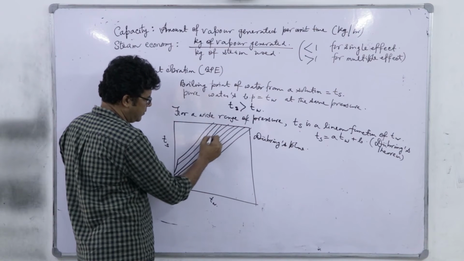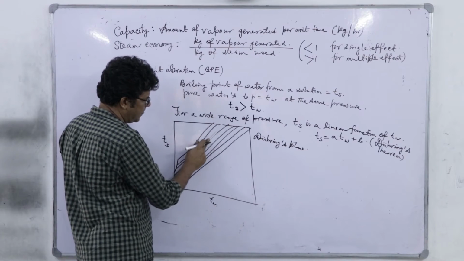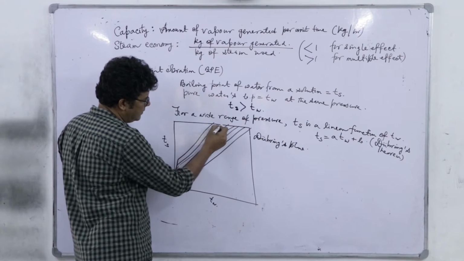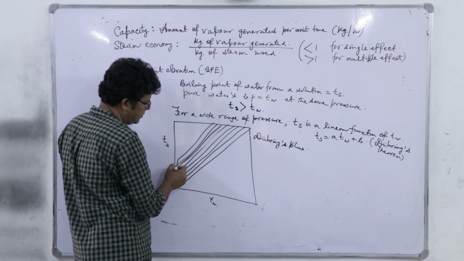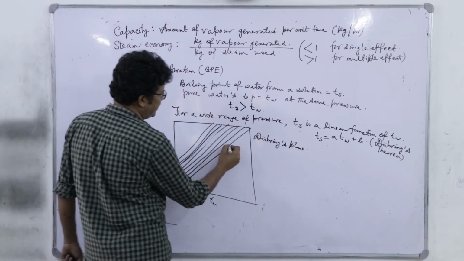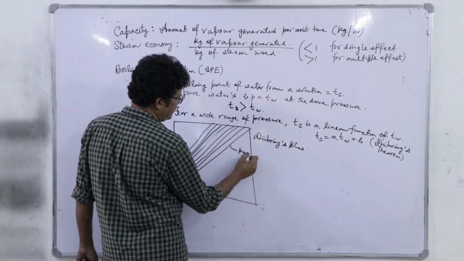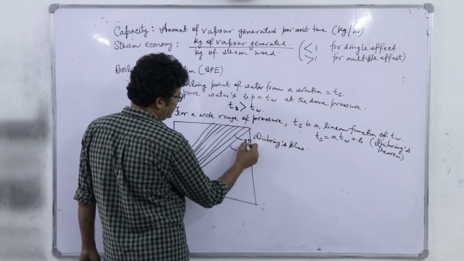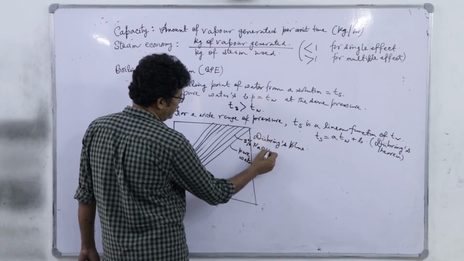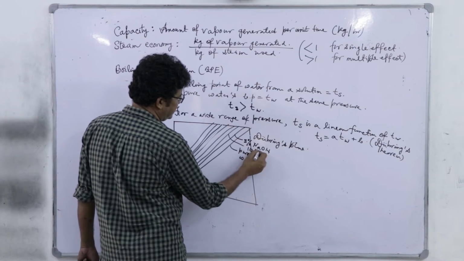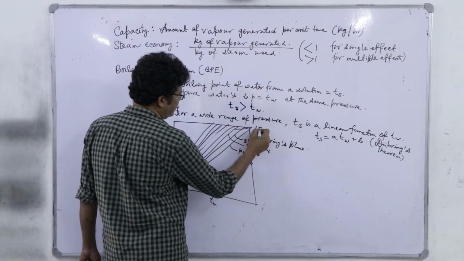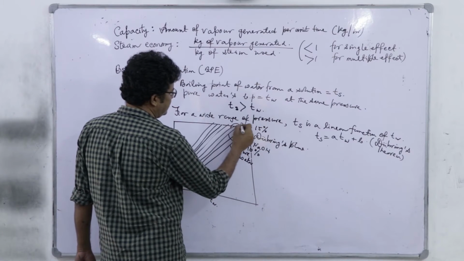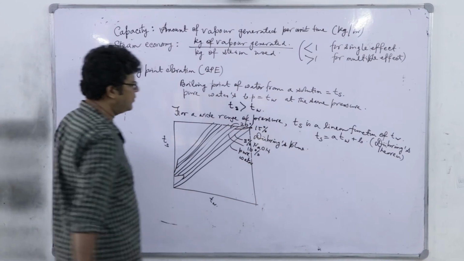And these lines represent different concentrations, right? Just like this is pure water, this is 5%, say sodium hydroxide, this is 10%, this is 15%, 20%, and so on and so forth.